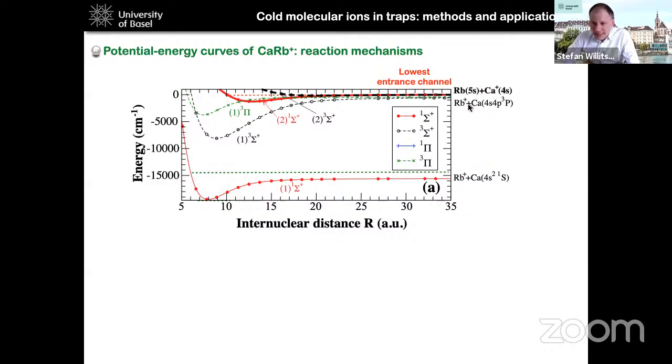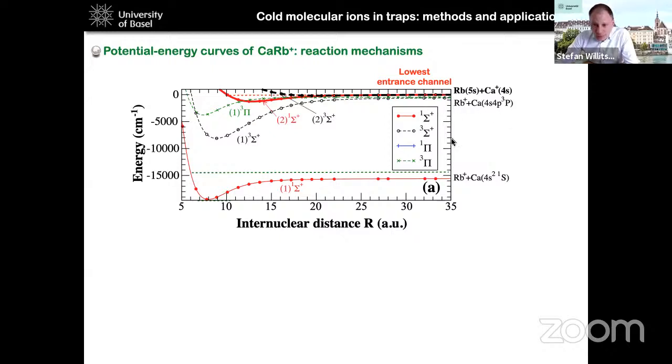These are states where the charge has hopped over from calcium to rubidium, or an electron has hopped over from rubidium to calcium plus, if you like, and they are lower in energy. So this, the absolute ground state, is where we have a rubidium plus ion and neutral calcium atoms in their ground state. And then there is still another asymptote below our entrance channel, where one electron in calcium has been excited to the 4p orbital.